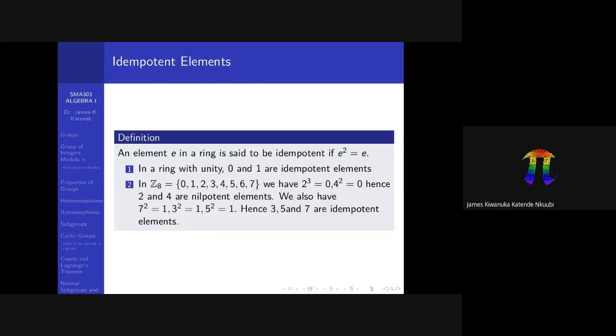Yes. In the definition, is it supposed to be an element a or just e? I don't understand your question. In the definition, because e squared gives us e, it means that, for example, 7 squared should give us 7. So I don't understand. I made a mistake.